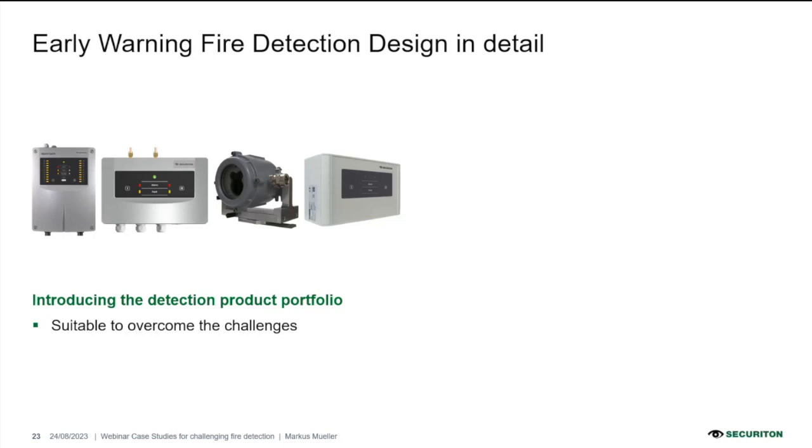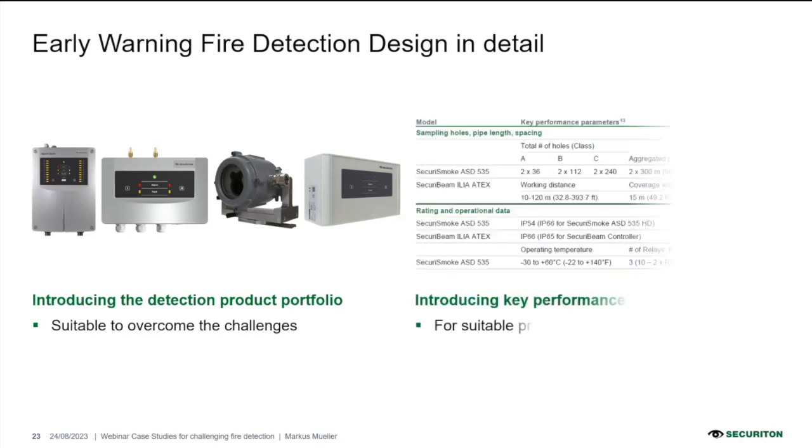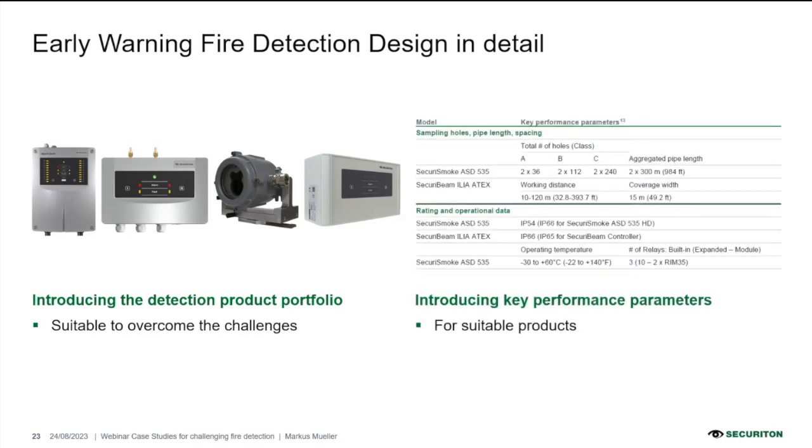Here, in this case, we have smoke aspirating systems, linear type heat detectors, but also beam detectors that are suitable. For each of these suitable products, we introduce key performance parameters, for example, how long tubes can be for an ASD.